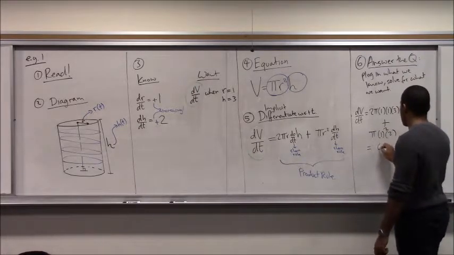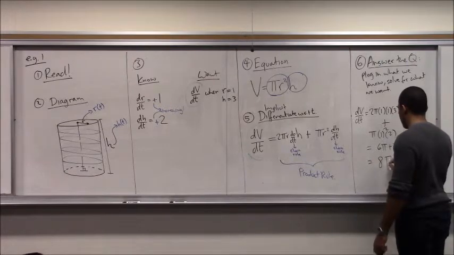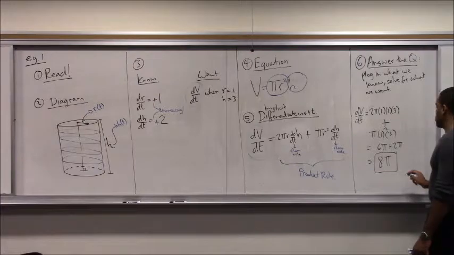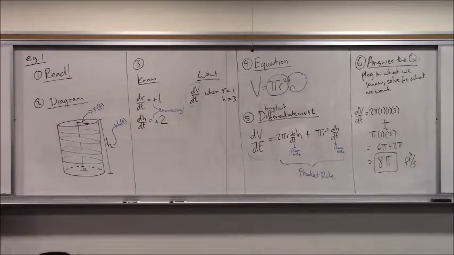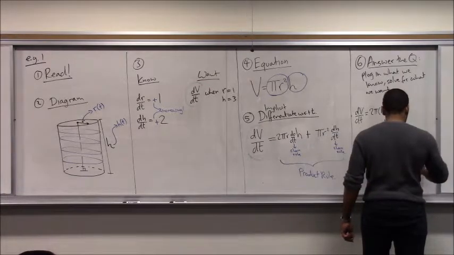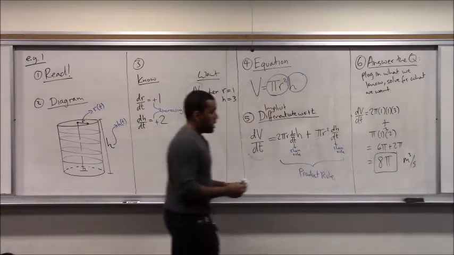So this ends up being 6 pi plus 2 pi, and so that's 8 pi. If you want, this is volume, so feet cubed per second. Was it feet? Meters. So it's cubic meters per second. But 8 pi would be the answer.